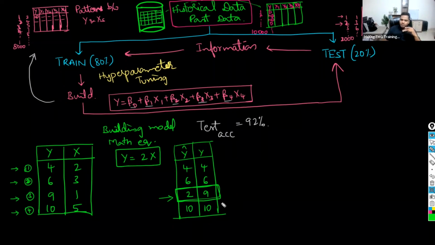So what does that mean? The model equation that you get would try to capture the patterns in your data in a generic manner. You cannot get an equation or a model which will learn all the patterns equally well. That cannot happen, right? Because for all these observations, you have a single equation.